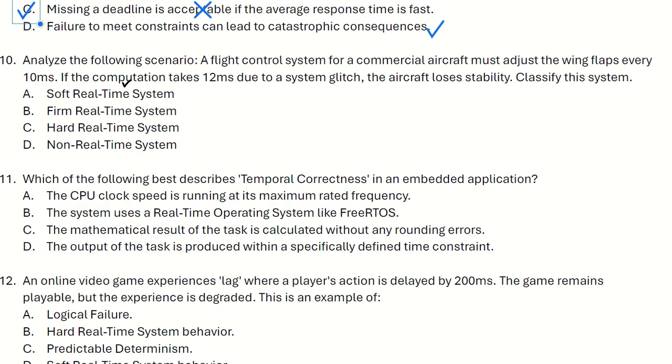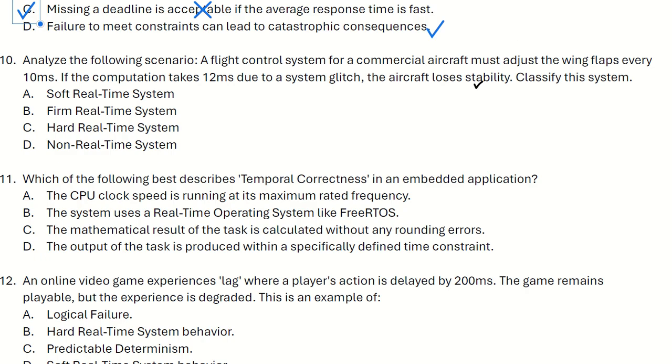Question 10. Analyze the following scenario. A flight control system in a commercial aircraft must adjust the wing flaps every 10 milliseconds. So this involves logical correctness and also temporal correctness, because there's a time. If the computation takes 12 milliseconds due to a system glitch, the aircraft loses stability.